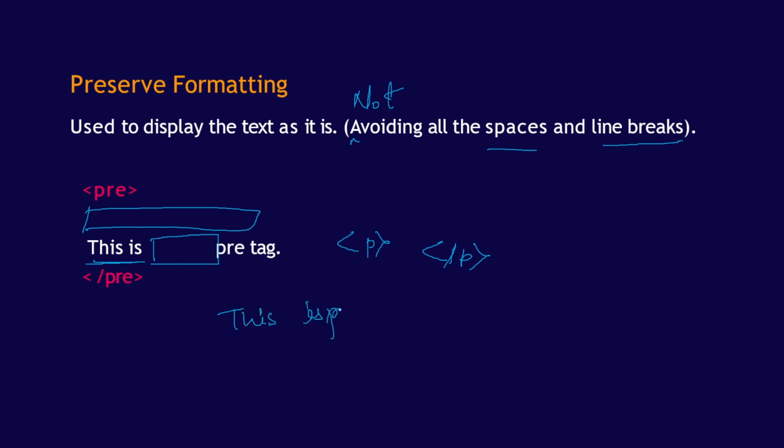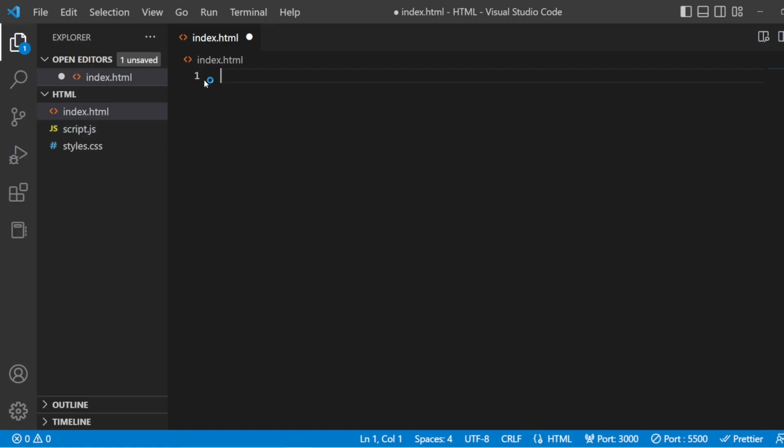But since you have used the pre tag here, it is going to preserve the format that you have written. That is, all the line spaces, line breaks, and spaces will be preserved as you have entered them. Let us try these three tags in Visual Studio Code.